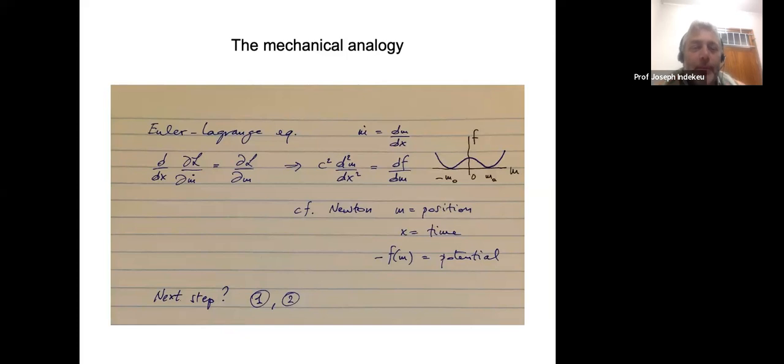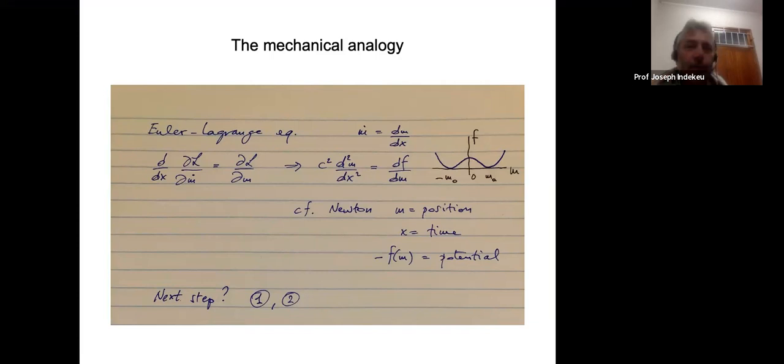So this slide is devoted to what's called the mechanical analogy of this problem. It's a very handy but also a very inspiring analogy between this thermodynamic problem that we're dealing with and a mechanical Newtonian problem of a particle that is moving in some mechanical potential energy landscape.